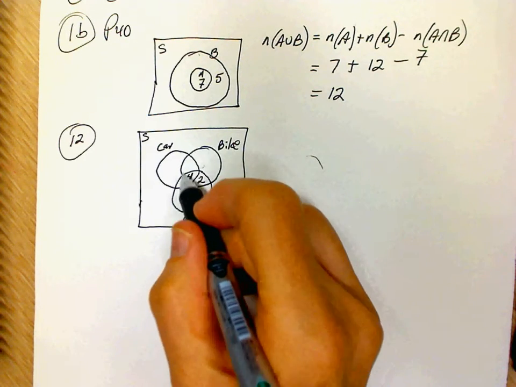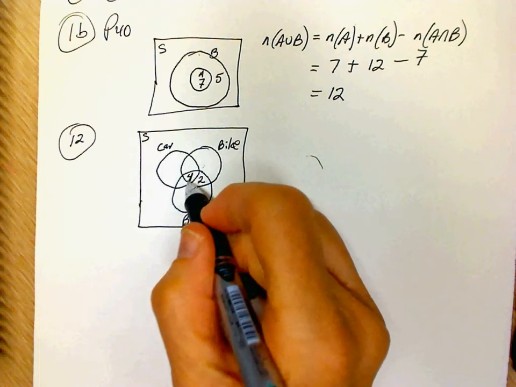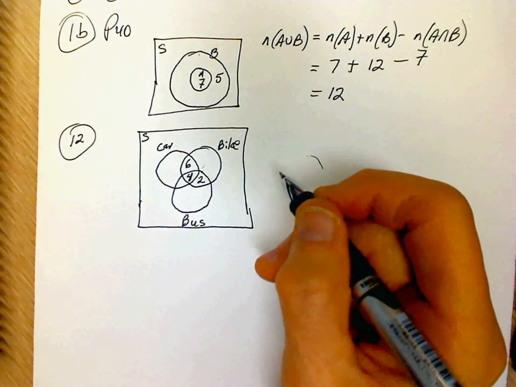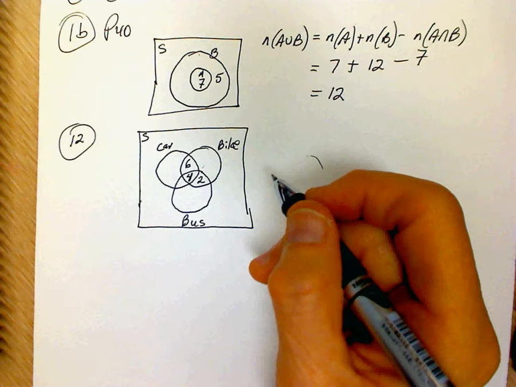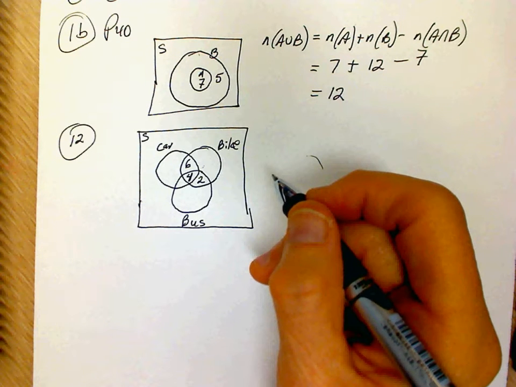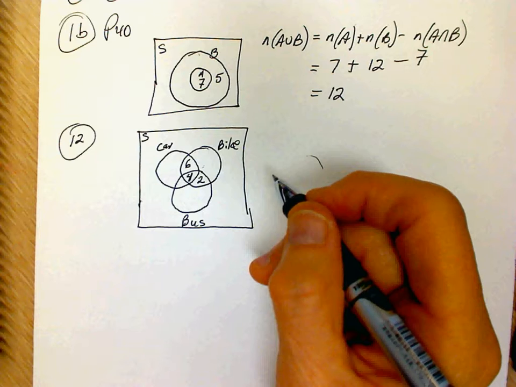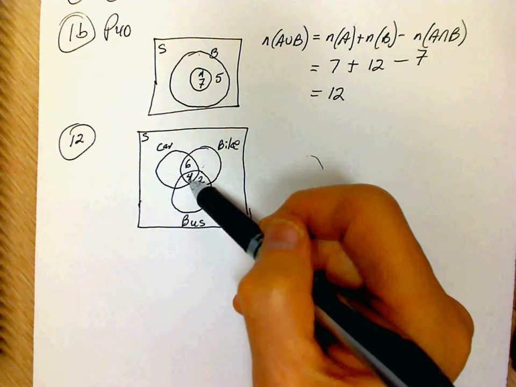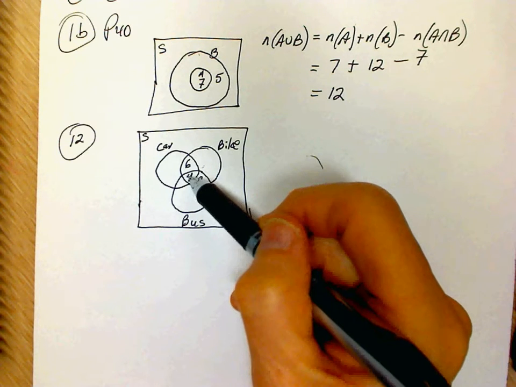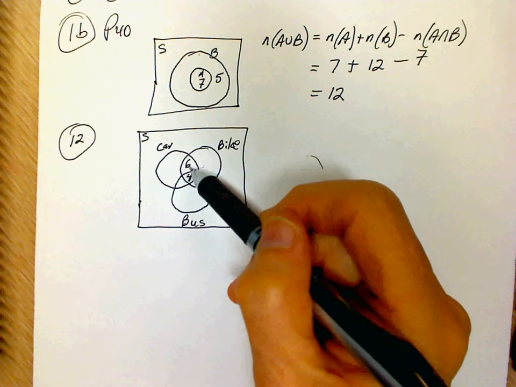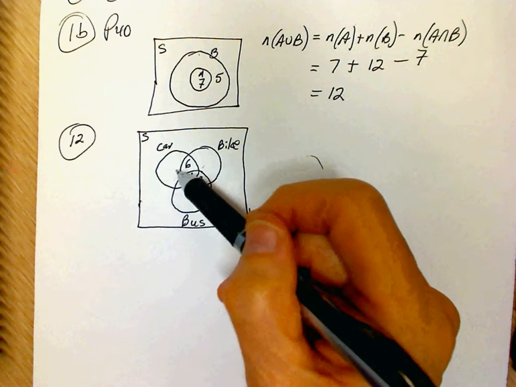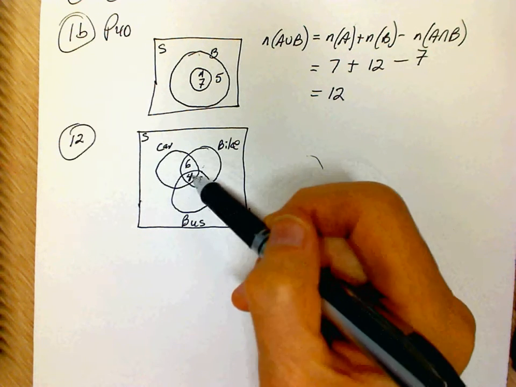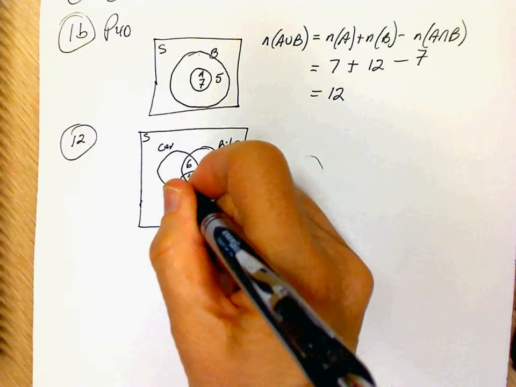So that's a 6. 9 arrive by car when they do not come on the bus. 9 come by car. This is where it's hard, when they do not come on the bus, so that's 5.